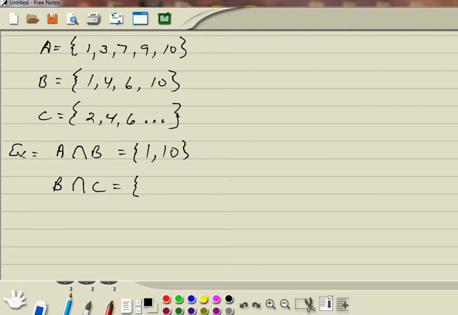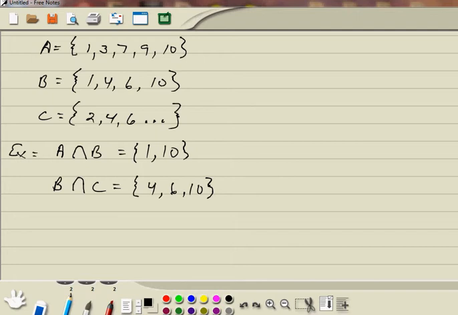Well, if this continued on forever, it would be 8, 10, 12, 14, so it clearly would include 10. So my solution is 4, 6, and 10. All right, so that's the intersection. Those are the sets that have both characteristics or both numbers in them, which means intersection.